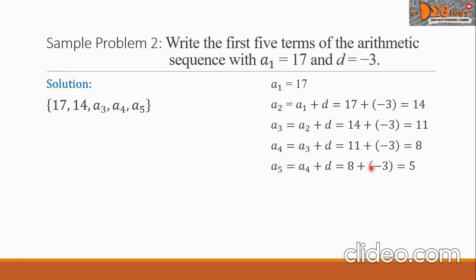A sub 5 is now 8 plus negative 3, which is equal to 5. So these values here we will substitute to our sequence. So the first 5 terms of the arithmetic sequence with a sub 1 equals 17 and common difference equals negative 3 are 17, 14, 11, 8, and 5. This is our final answer.